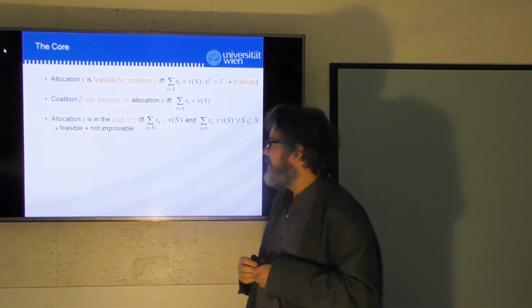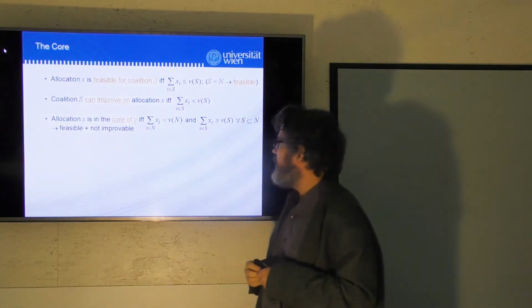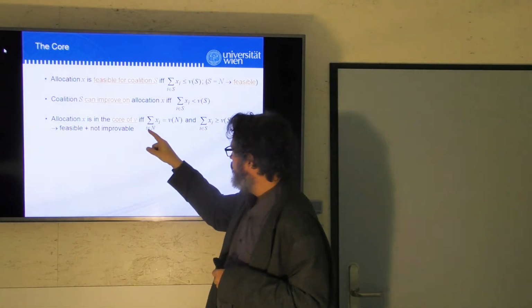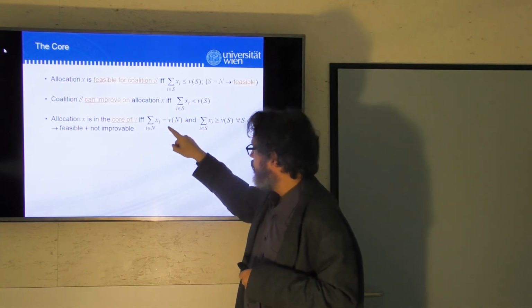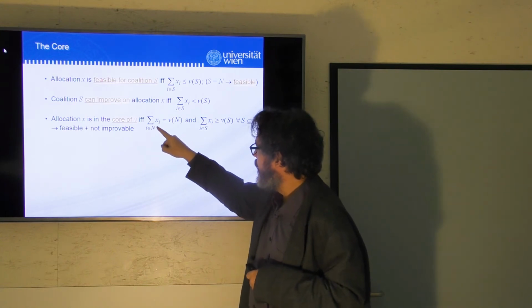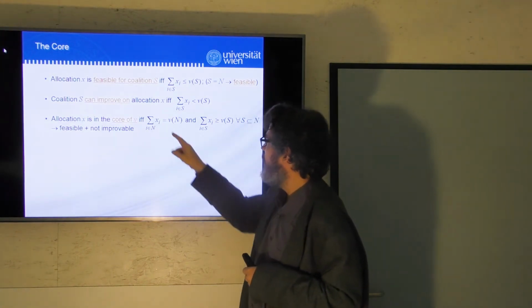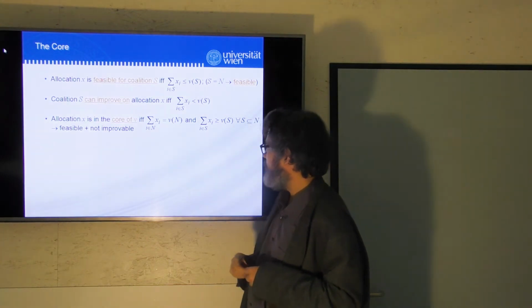An allocation x is in the core of this characteristic function if and only if we distribute all the payoff available to the grand coalition, so the sum over all players of the components of the allocation vector equals the characteristic function of the grand coalition.